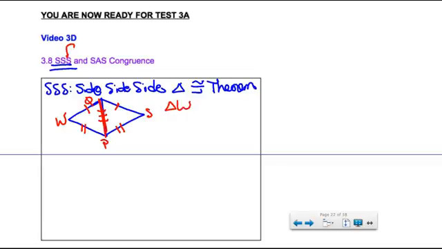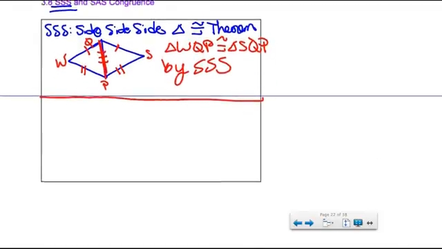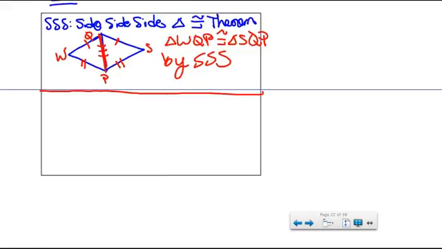So triangle WQP is going to be congruent to, and again, I have to put it in the correct order, W will go with S in this scenario, SQP, by the side, side, side congruence theorem. So if you can get 3 sides the same, either they're all marked, or your brain can add one because it's shared, then you can say that the triangles are congruent by side, side, side.